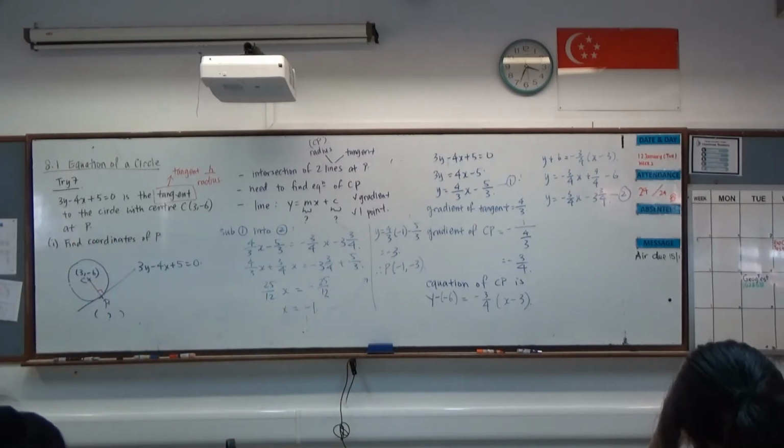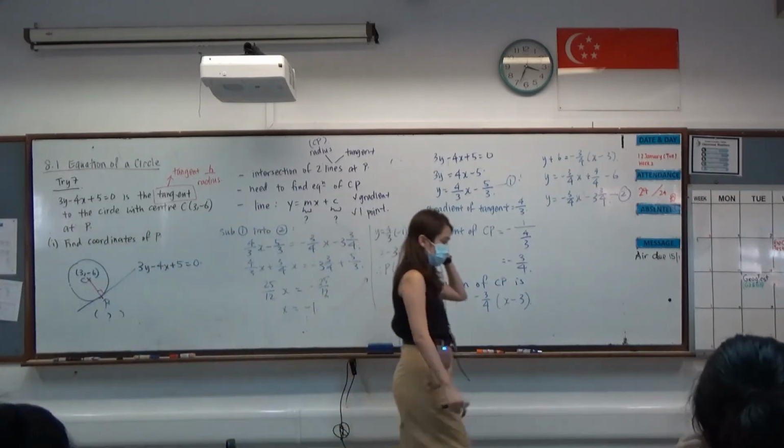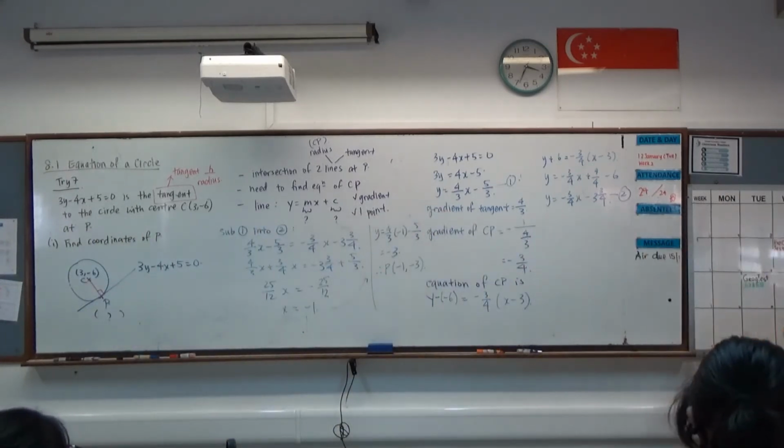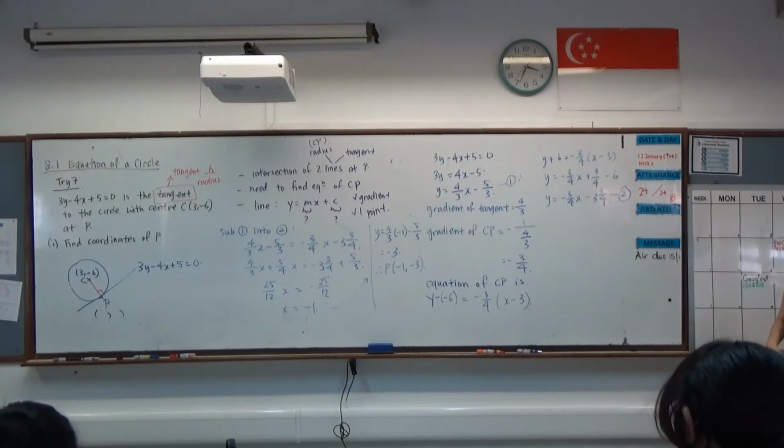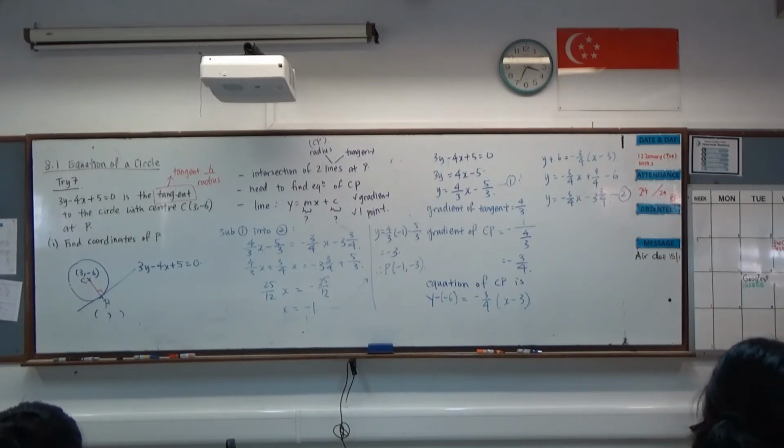We want to find the equation of that circle. Since we already have the center, we need to find the radius. So what would the radius be? Emily, what do you think? How do we determine the radius?